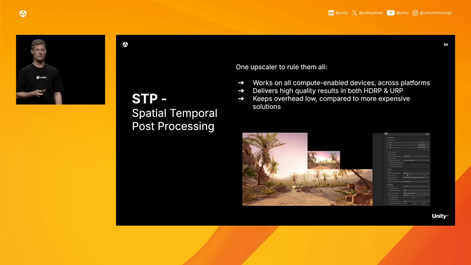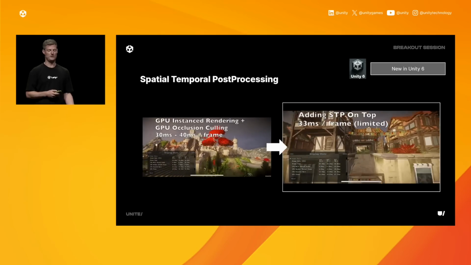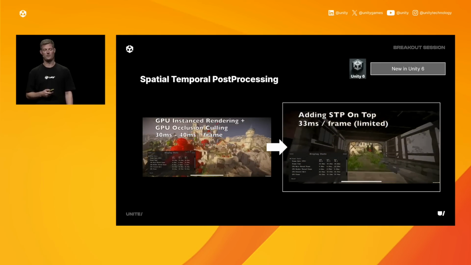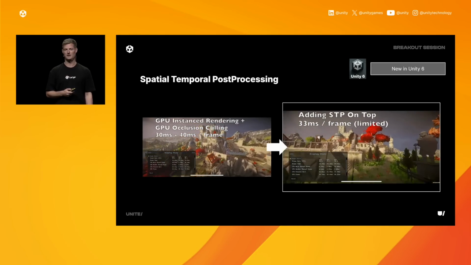While we're doing that, we maintain near-native visual fidelity. STP is highly versatile. It works on all compute-enabled devices across platforms, and whether you are using URP or HDRP, STP delivers consistent, high-quality results using advanced spatial and temporal techniques. In our testing, STP has shown a low performance overhead compared to existing upscalers.